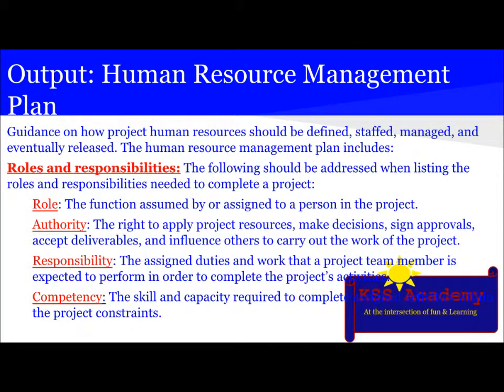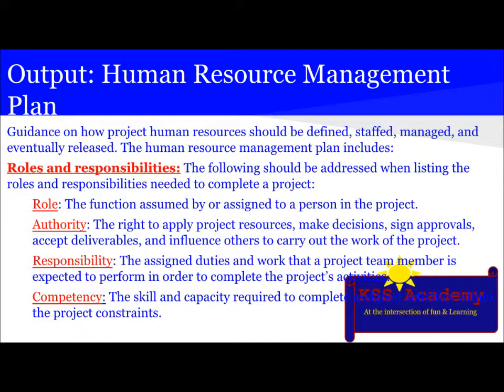The output is obviously the human resource management plan, guidance on how human resources should be defined, staffed, managed, and eventually released. The human resource management plan includes roles and responsibilities, and under roles and responsibilities, the following should be addressed when listing the roles needed to complete the project.